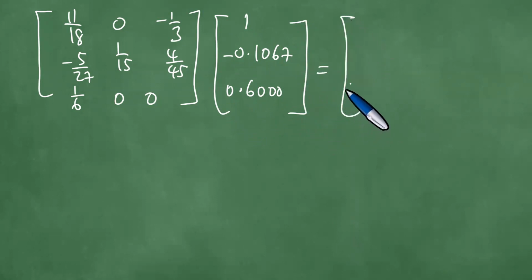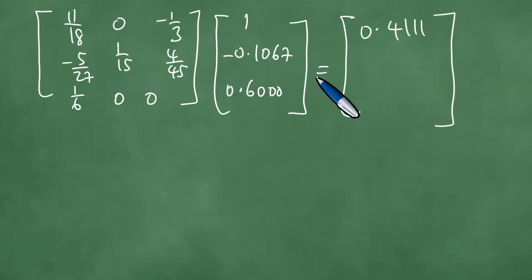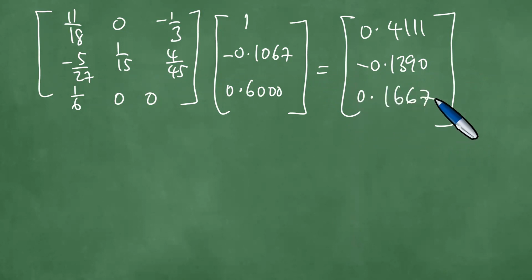If you multiply these, what do you get? 0.4111, minus 0.1390, 0.1667.